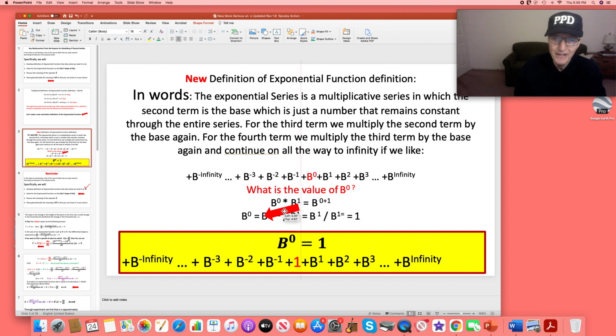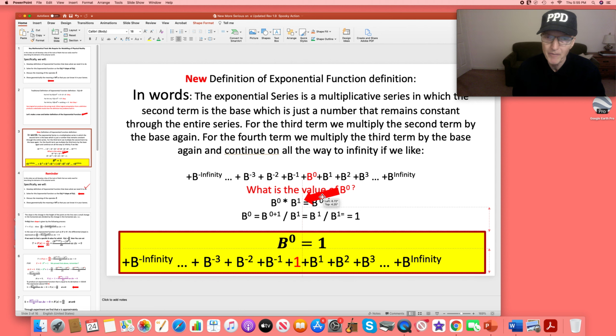Now, b to the 0 plus 1, what's 0 plus 1? Do you remember? 0 plus 1 is equal to 1, right? So b to the 0 plus 1 is b to the 1, right? So in the line above, I replace b to the 0 plus 1 with b to the 1, right there, all right?